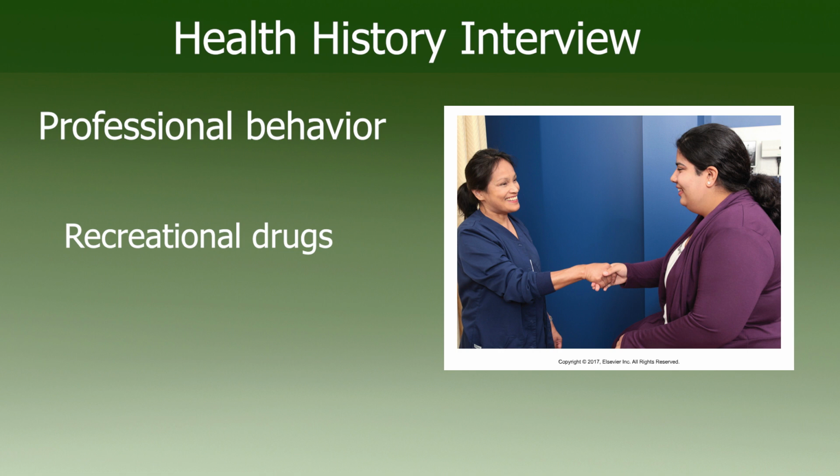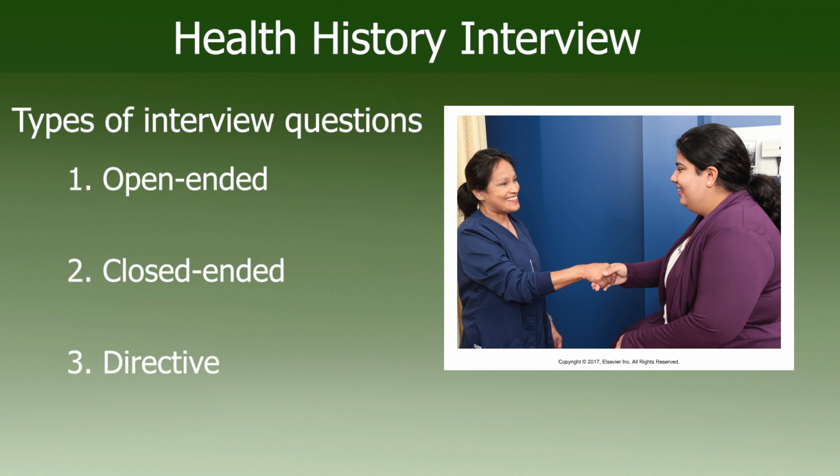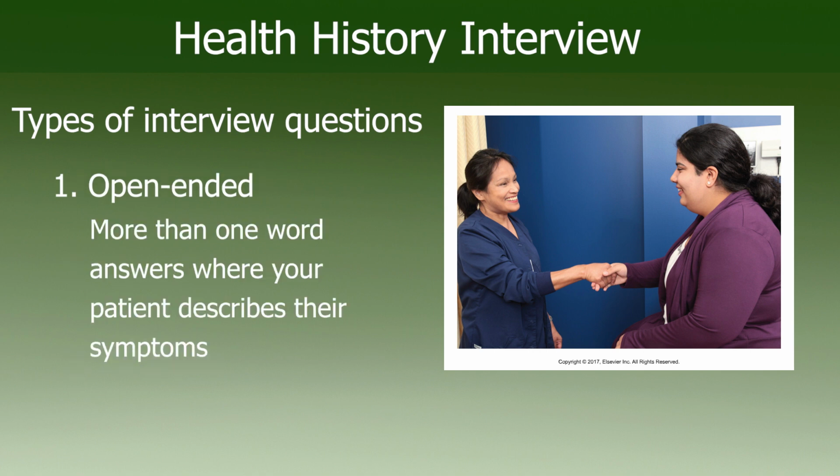The next step would be types of interview questions. There are 3 types: open-ended, closed-ended, and directive. With open-ended, you are asking a broadly stated question so that they can describe something for you. It will be more than a 1 or 2 word response that you are trying to get from your patient. It could be a description of the onset of symptoms in their own words and at their own pace too, because you don't want to make them feel rushed.